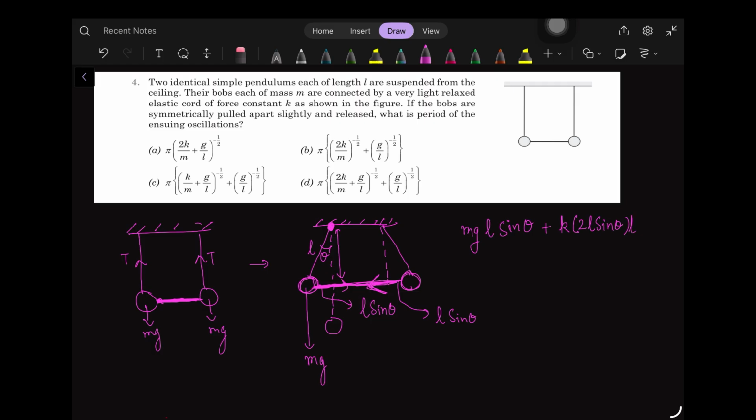So this length is L cos theta. So torque I can write equal to I alpha, where I is moment of inertia.